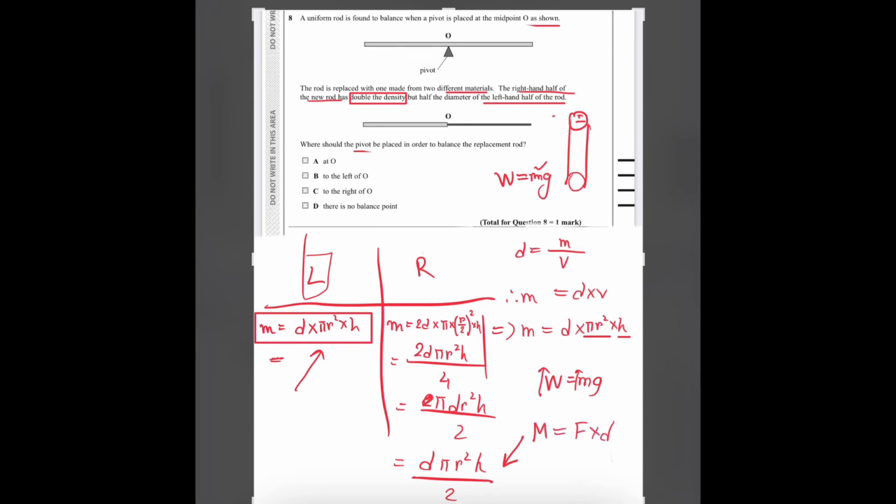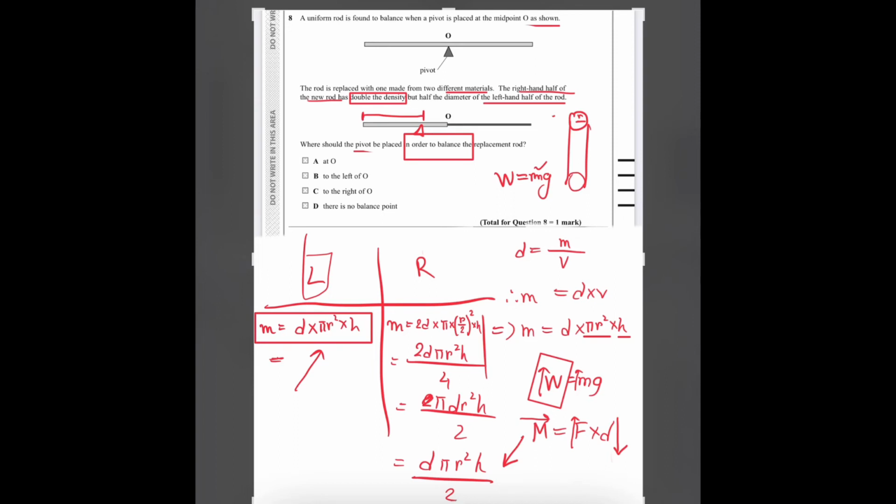So on the left hand side, when the weight is greater, the force on the left hand side would be greater, but the moment has to be constant in order to balance. In order to keep the moments constant, we need to decrease the distance from the pivot. So if we place the pivot leftwards in this direction, the distance is decreasing, right?